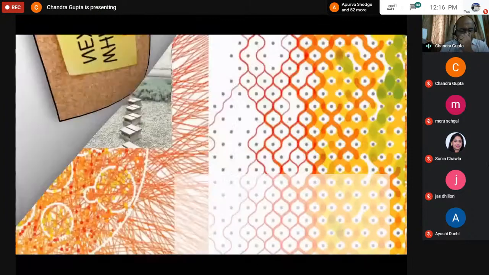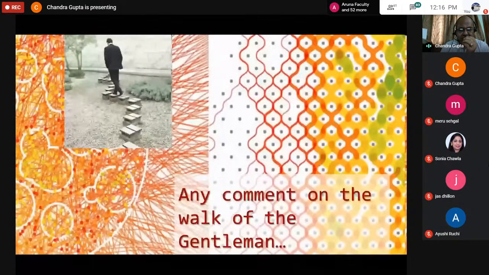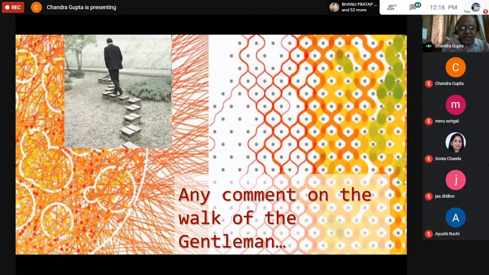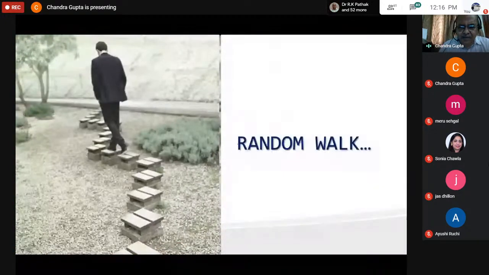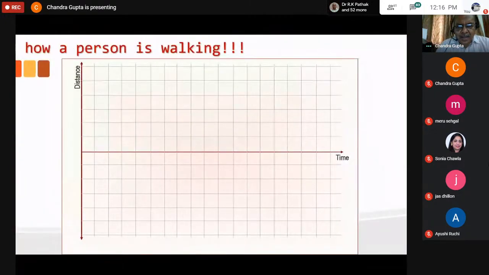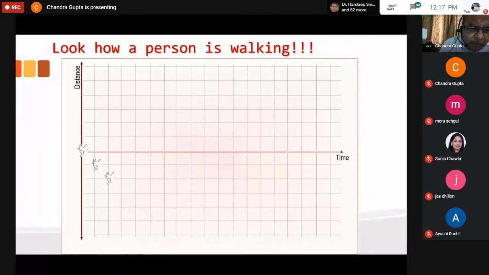Okay, friends, before we move further, let me introduce the concept of random walk, because random walk is closely associated with the stochastic process. Any comment on the walk of this gentleman? You will find this gentleman is walking randomly, and that takes us to the concept of random walk. Can you predict what will be the next step of this gentleman? It may be anywhere.